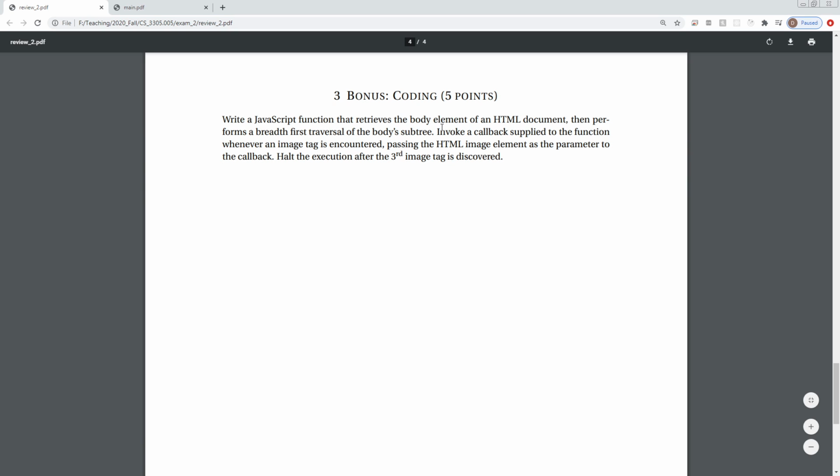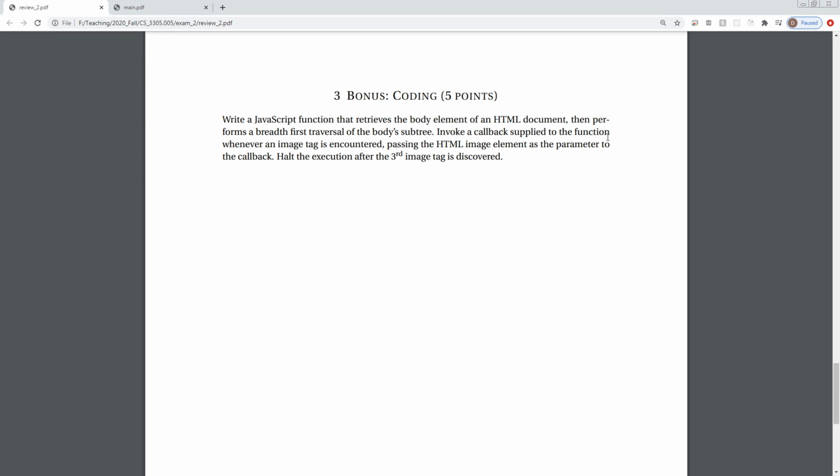For the review, I've asked that you write a JavaScript function that retrieves the HTML body element from an HTML document, and then performs a breadth first traversal and invokes a supplied callback whenever an image tag is encountered. And so we'll go ahead and do this one, and then we'll jump into the lecture notes.